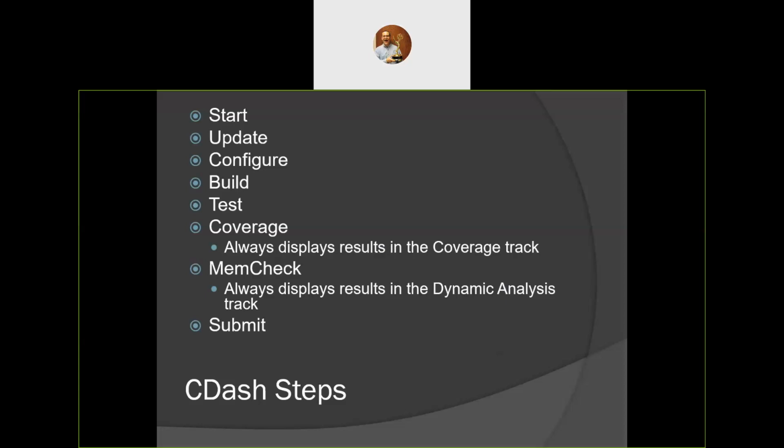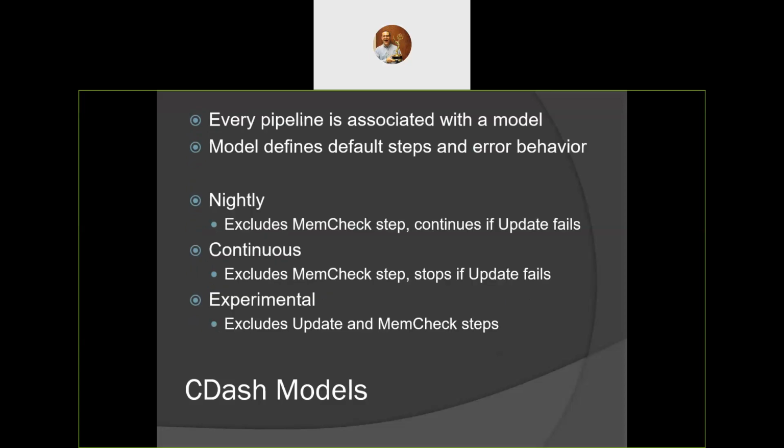The submit step at the end is where CTest pushes up all of the data to the CDash server. Every pipeline is associated with a model, and the model defines the default steps and the error behavior.